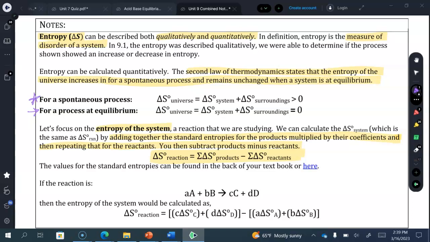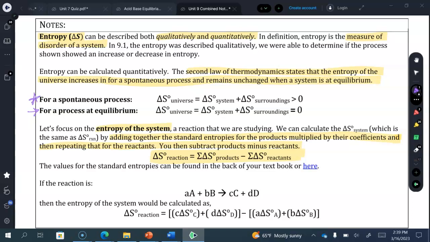We can calculate the standard entropy change of a system, which is the same as delta S reaction, by adding the standard entropies for the products multiplied by their coefficients and then repeating that for the reactants. You then subtract the reactants from the products as given in this equation.